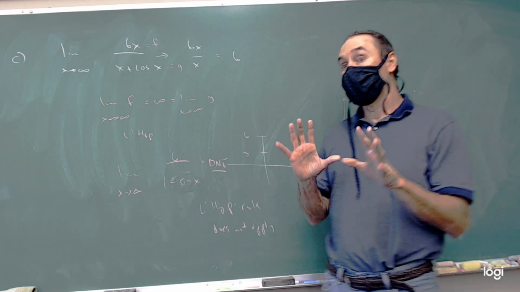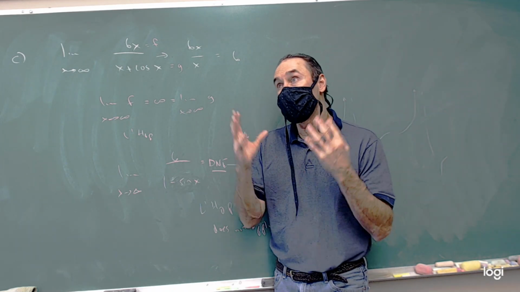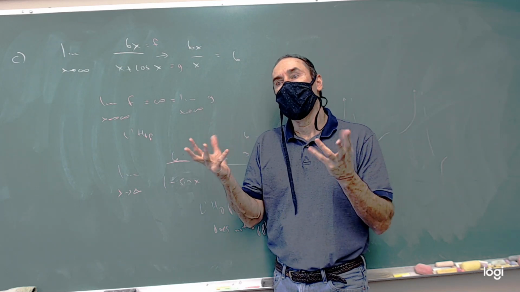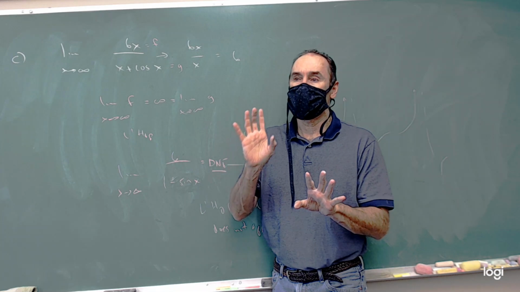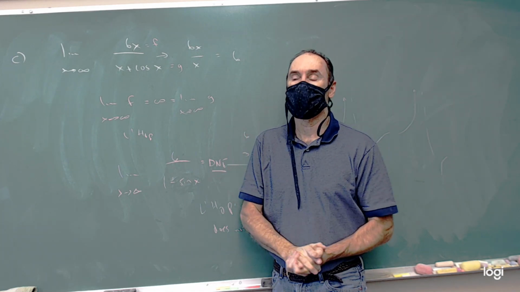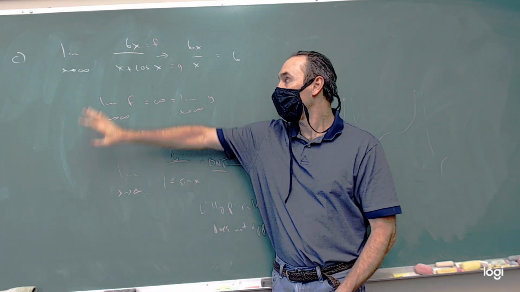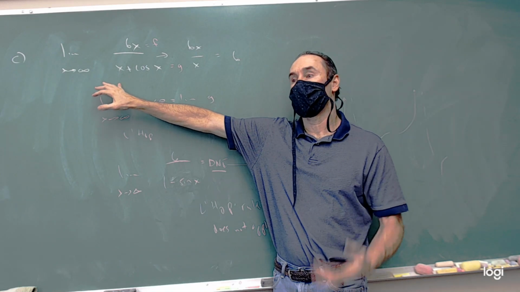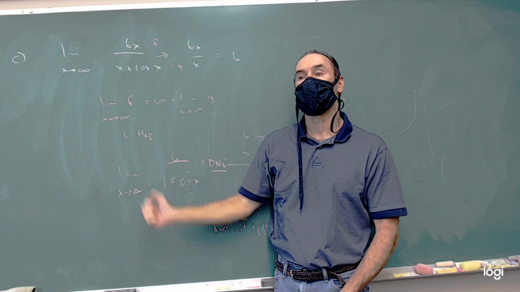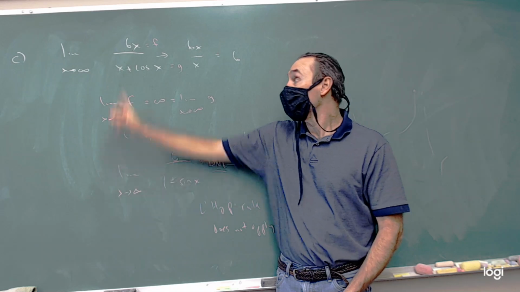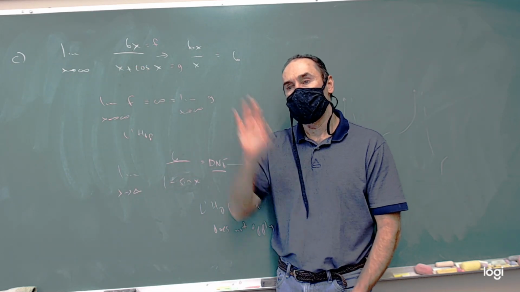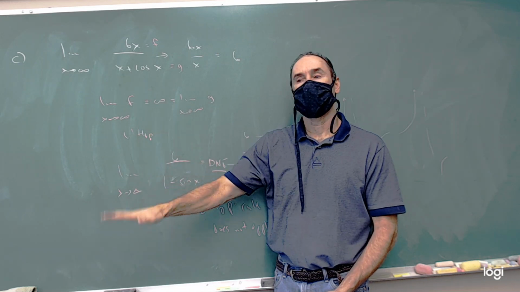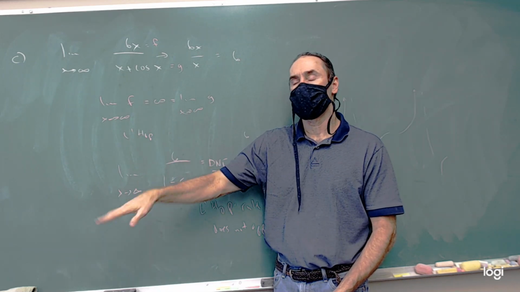I hate to make a blanket statement like that because there could be some way that might come into play. So I think very likely L'Hopital's rule is not going to work, because a lot of the good examples where L'Hopital's rule does not work involve things like this where you've got a sine or a cosine. Because as you go to infinity, sine and cosine aren't getting closer and closer to a number.